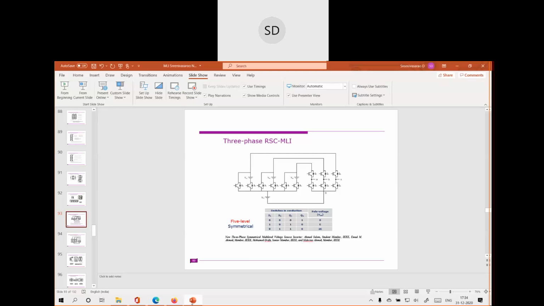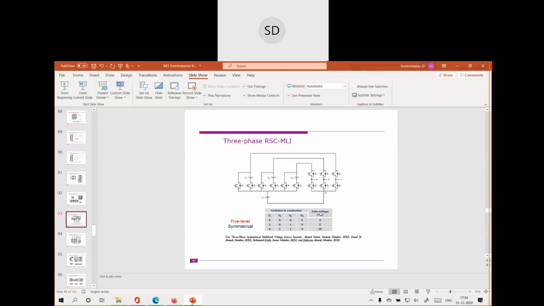You need to analyze how they actually work. The idea of discussing all the topologies here is to learn how this new topology is derived, how to analyze the topologies, and how to compare different topologies. All those things you're supposed to learn.